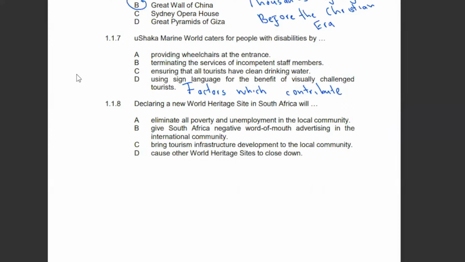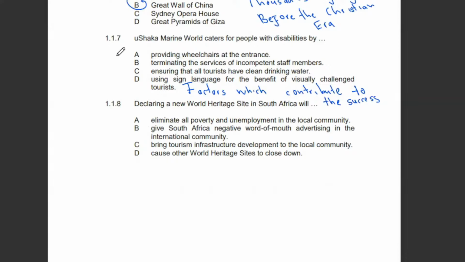Factors which contribute to the success of a destination. So the fact that Ushaka Marine caters for people with disabilities, how do they do that? How do they cater for the needs of people with disabilities? They actually do that by providing wheelchairs at the entrance.